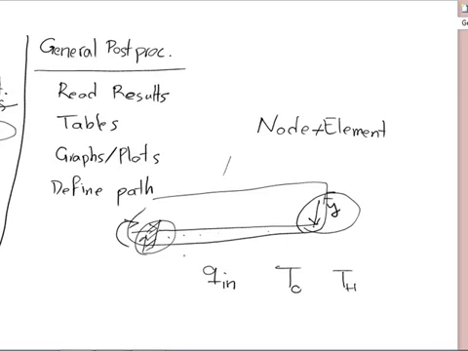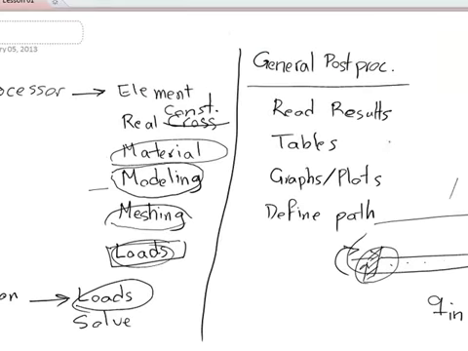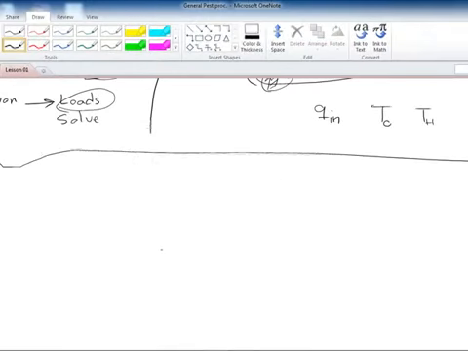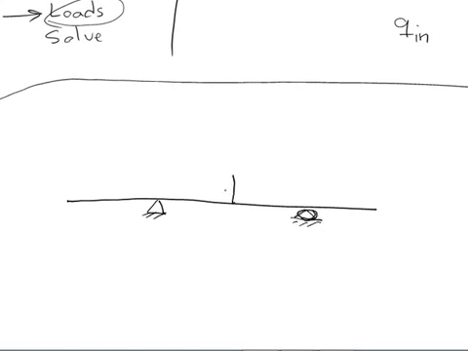For this example, or for this lesson, I want to do a very basic analysis. For this example that I want to do today, it's going to be very basic. I'm going to have a beam and support it at two locations, something like this, and in the middle I'm going to apply a load of 1 kilonewton.